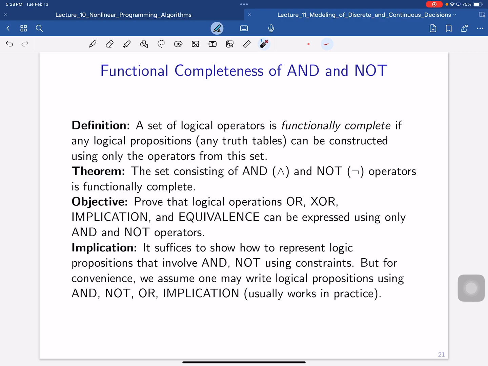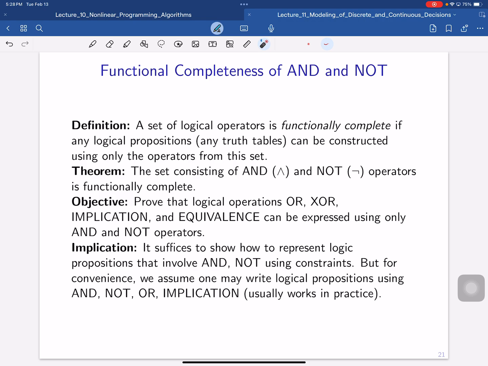So this is a little bit convoluted. Let me go back and say that again. The motivation of this section is that we want to convert any arbitrary logic expression or logic proposition into integer constraints. Then how are we going to do that? First of all, we show that these 4 logic operators can represent any arbitrary logic expression.